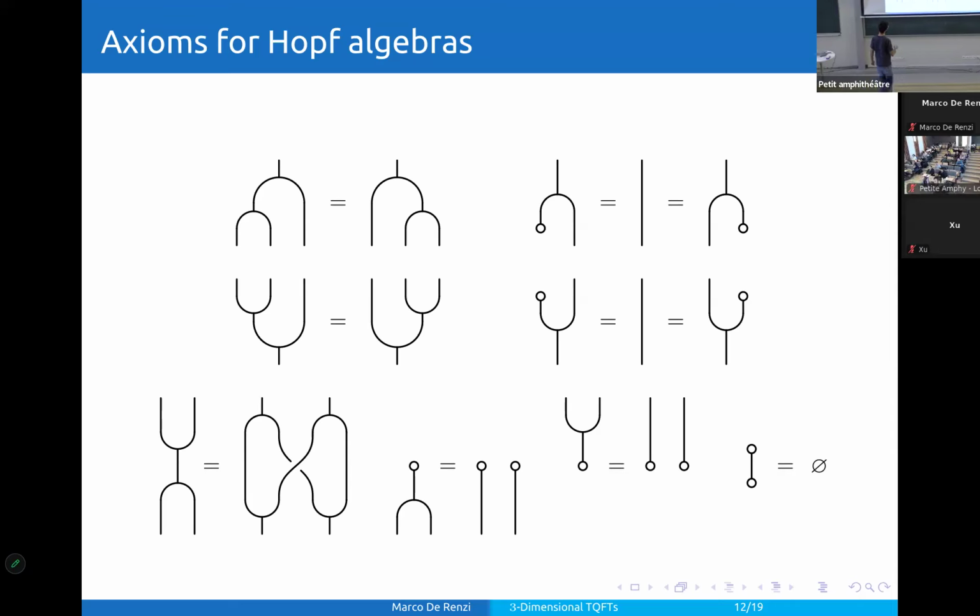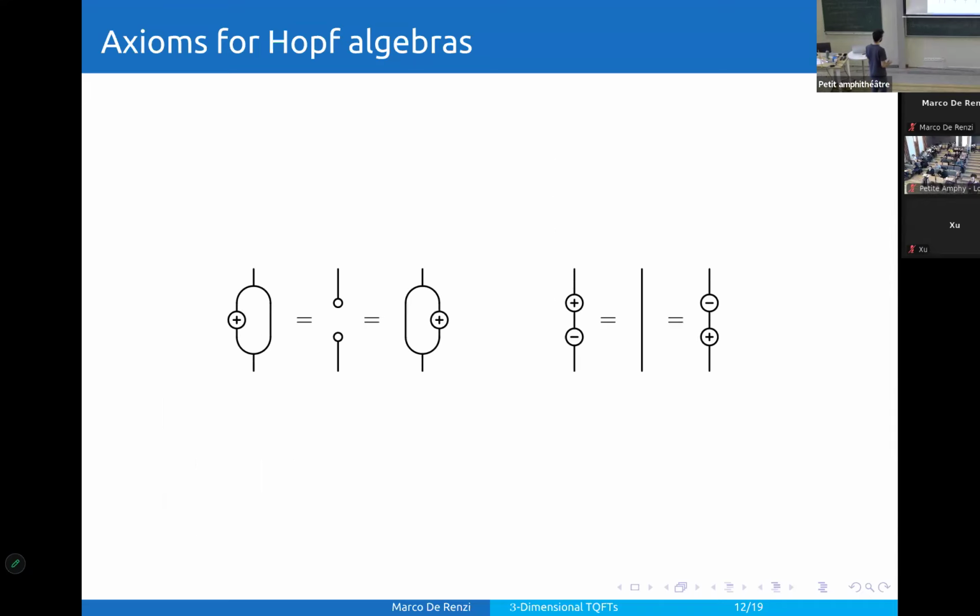And these are the axioms that tell you that the algebra and coalgebra structures are compatible. They form a bialgebra. So the co-unit of a product is a product of two co-units. The coproduct of a unit is the tensor of units, and this is the compatibility between product and coproduct.